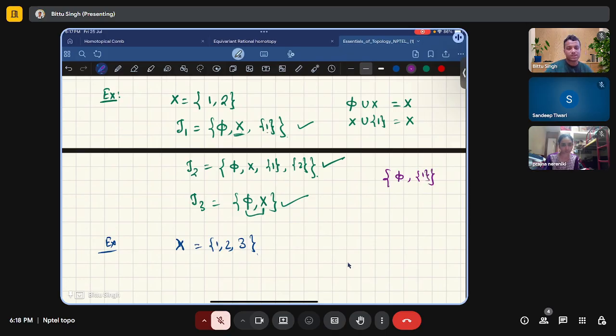Will it be a topological space? There is a slight issue because you can see x is not there. X is missing here. So if we denote it by tau 4, then tau 4 is not a topological space.